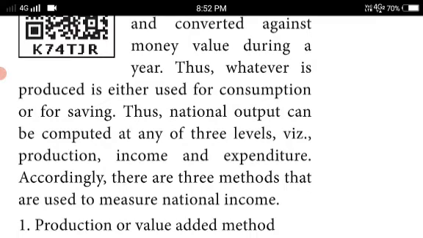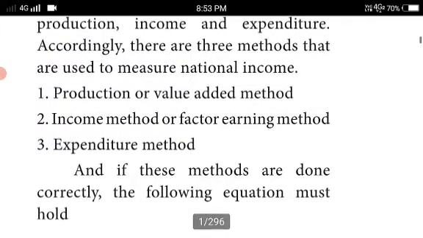Accordingly, there are 3 methods used to measure the national income: production or value added method, income method or factor earning method, and expenditure method. You should know the other name of the production method also.